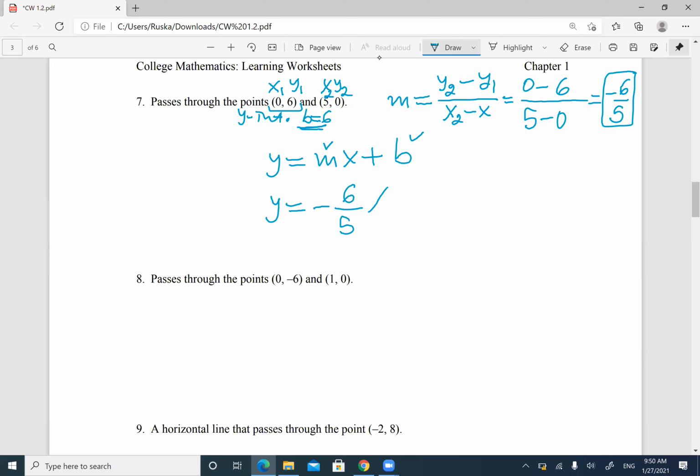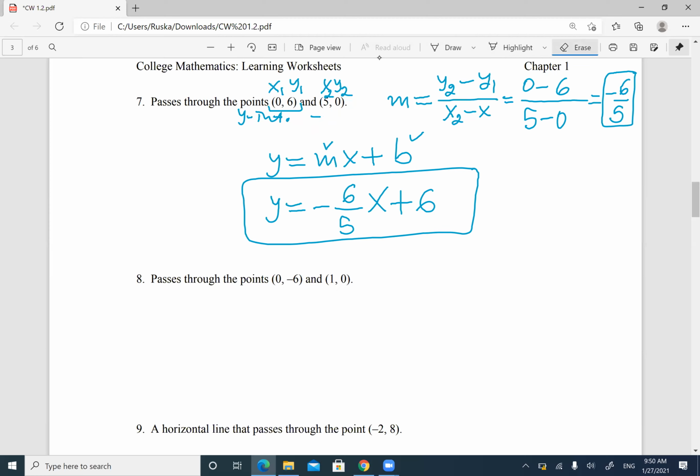Excuse me, where did you get b equals 6 from? Okay, so here I just gave you a little shortcut. Thank you for asking that. Remember what we talked about before: if you have 0 for x, then it's the y-intercept. If you have 0 for y, it's the x-intercept, right?